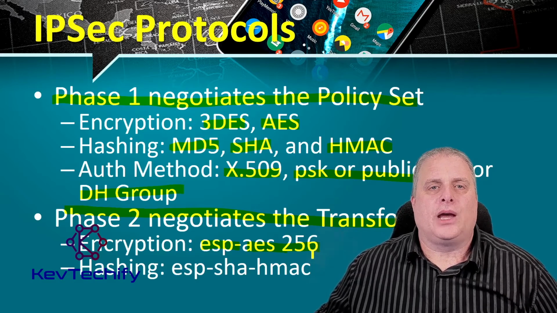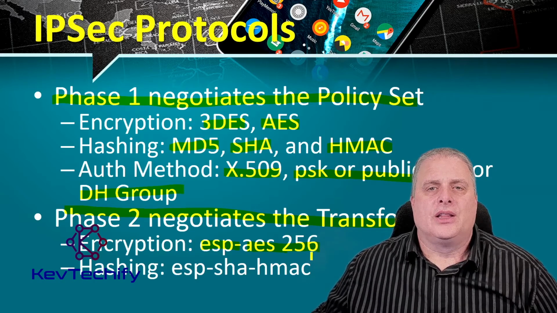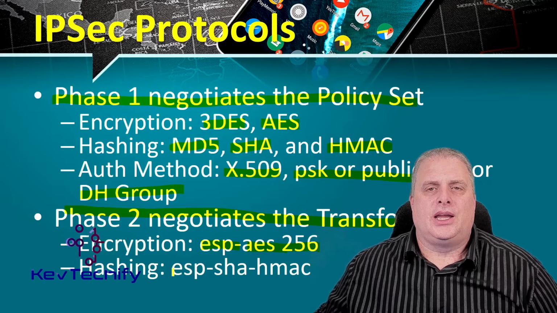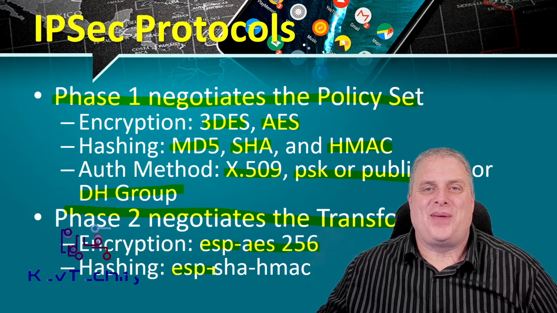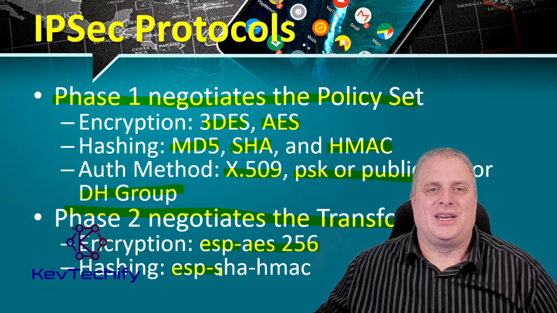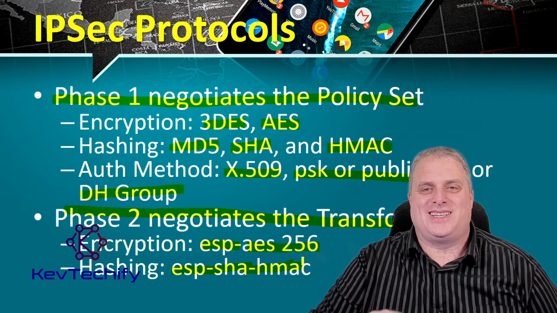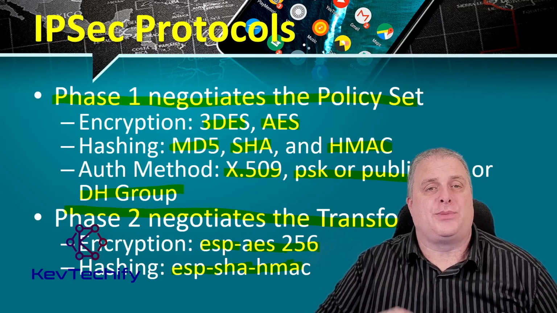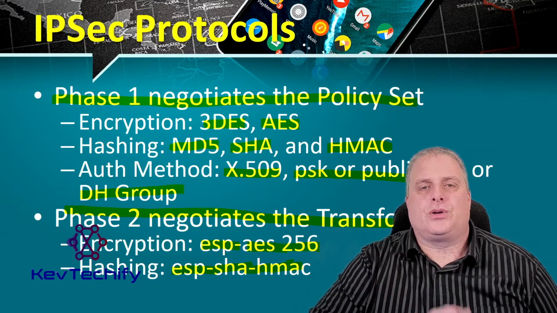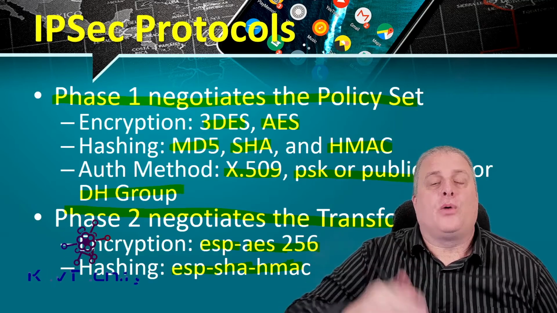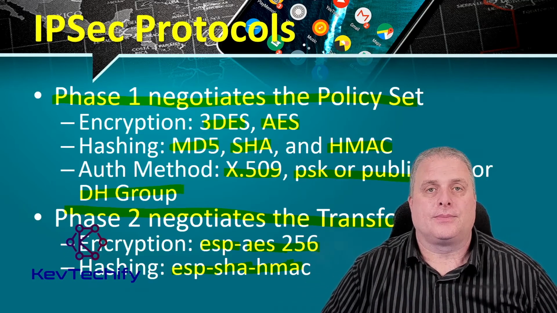And then the hashing that we're going to use for integrity check, let's say we're going to use the Encapsulating Security Payload with Secure Hash Algorithm with a keyed hash using the Hashed Message Authentication Code, or HMAC. Those are the basic protocols, or the suite of protocols, that we'll see in IPsec.